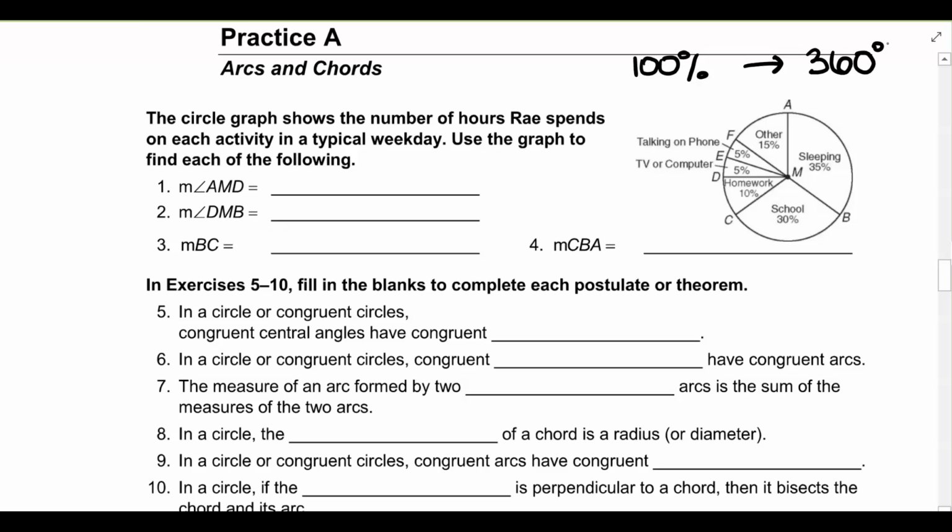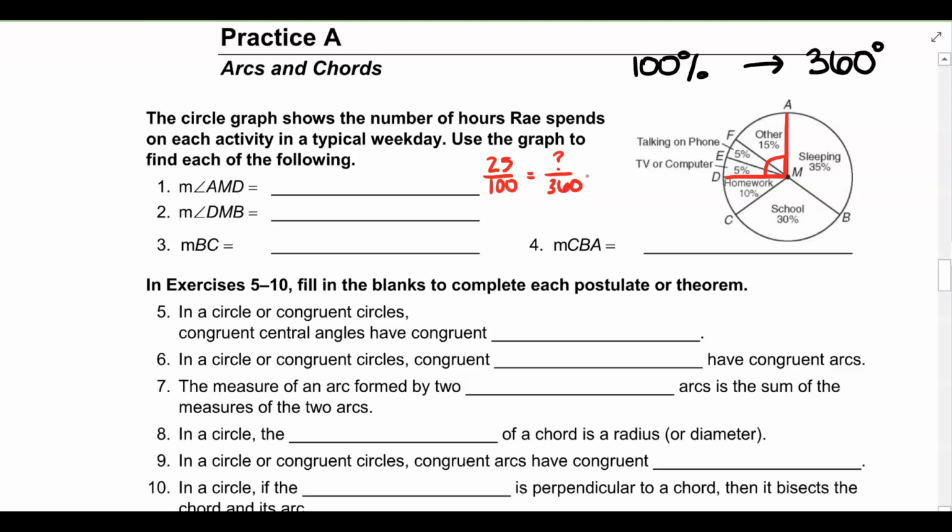So in a sense, we're setting up proportions, right? So if I want the measure of angle AMD, we're looking for how much of the circle exists within those percentages in terms of degrees. So if this angle consists of 15 plus 5 plus 5%, so we have 25% of our pie here, what we're really saying is 25 out of 100 is equal to how many degrees out of 360.